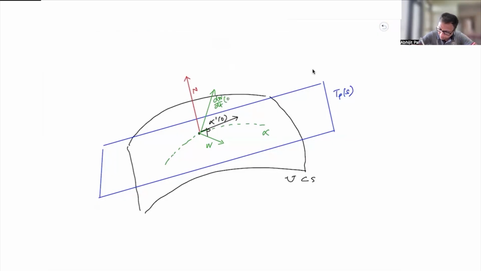So this is evaluated at the point t equals 0. And so then we take the normal projection of this vector dW/dt to this tangent plane.